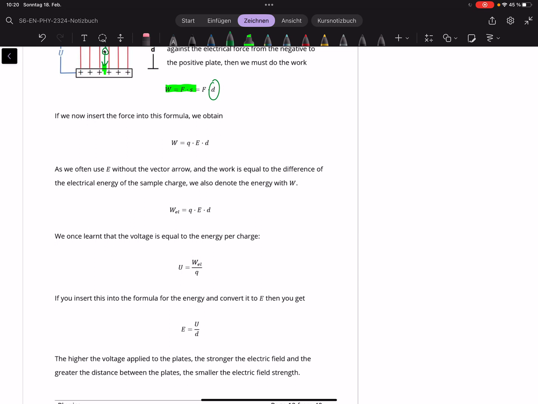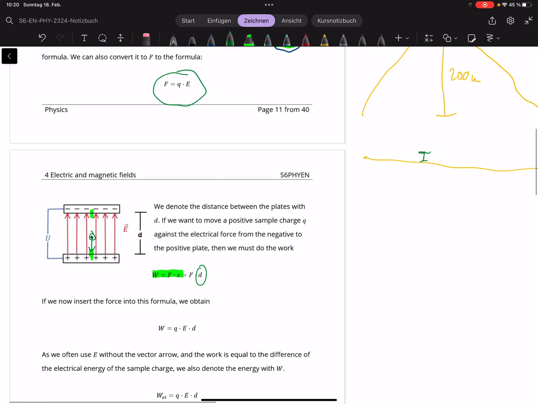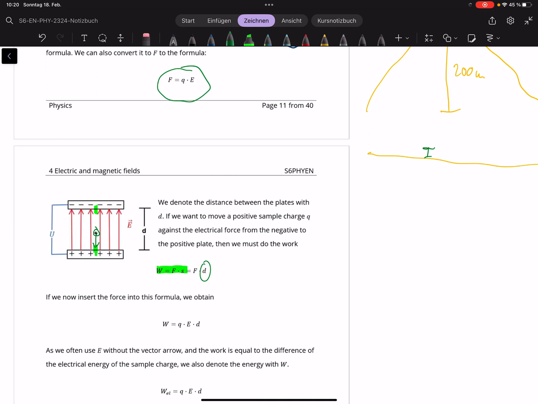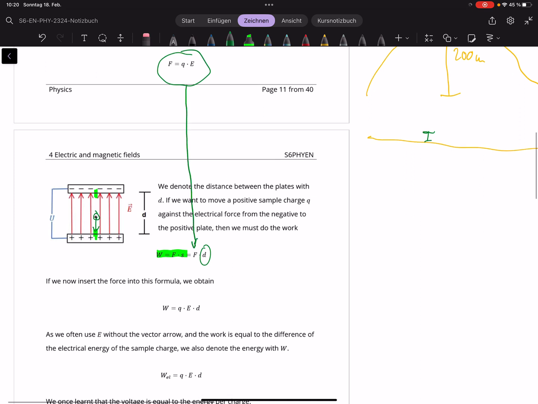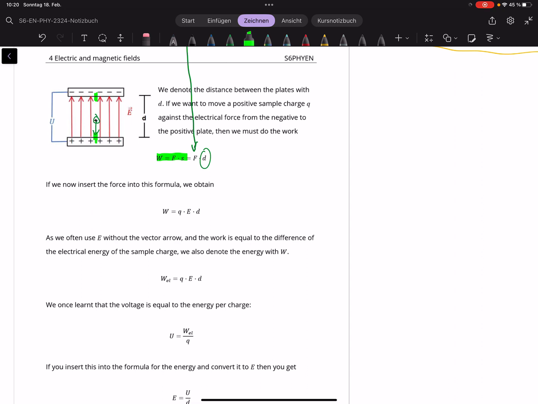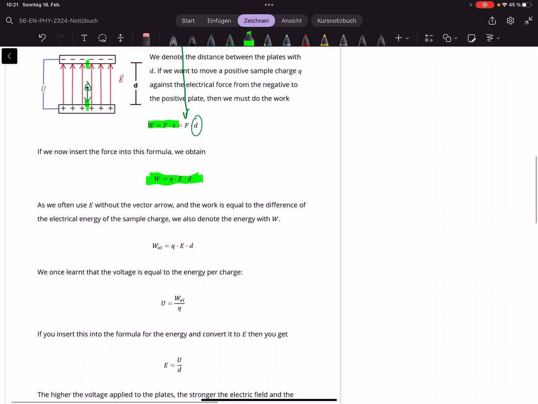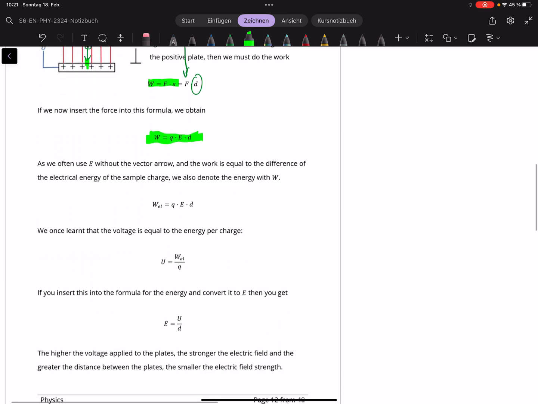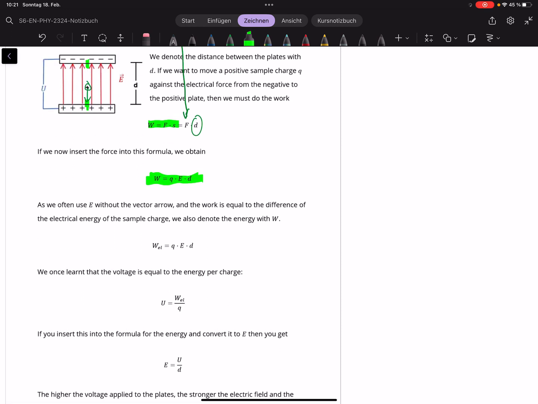Now when we do that, and for F is Q times E, then we obtain the work in this electrical field that needs to be done to move a charge small q in a field with a strength E along the distance d.